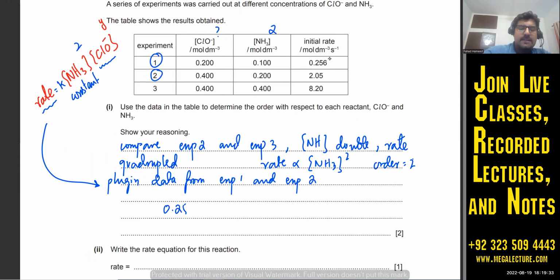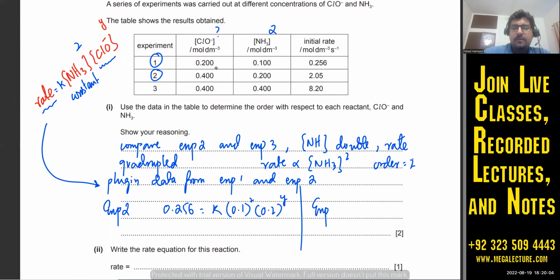It's 0.256, that's the rate, equals k times the NH3 concentration, which is 0.1, squared, and the ClO minus 1 concentration, which is 0.2, to the power of the order I don't know, so that's taken as y. At the same time, I'm going to plug in data from experiment number 1.